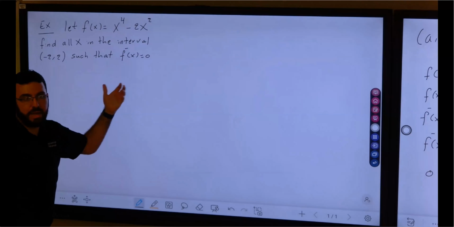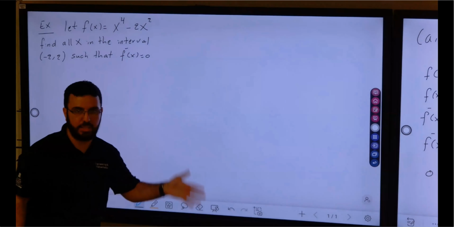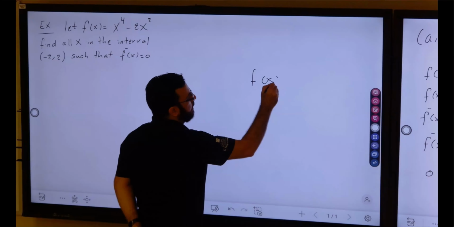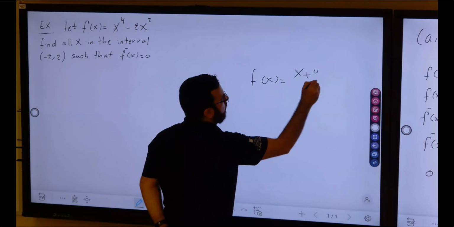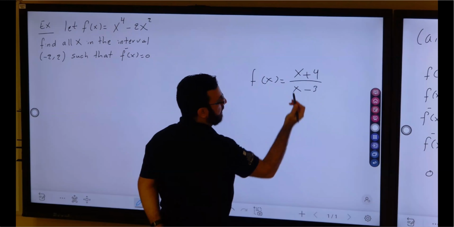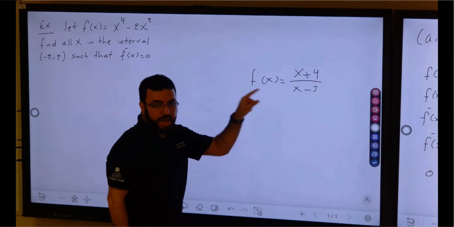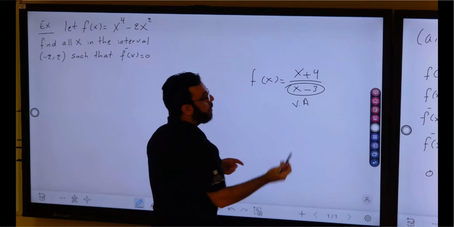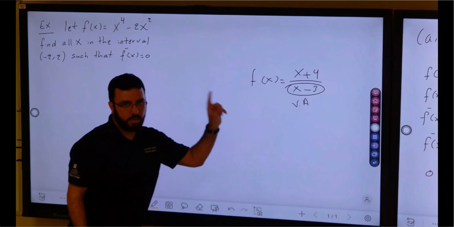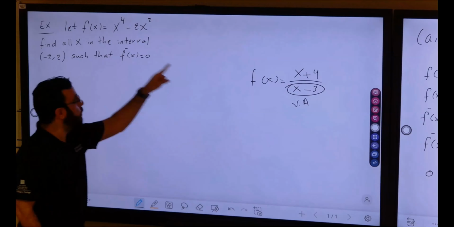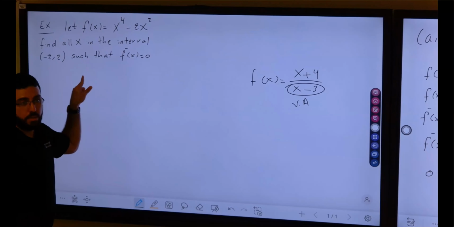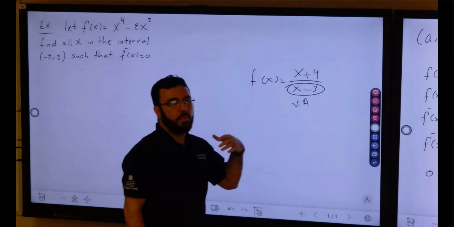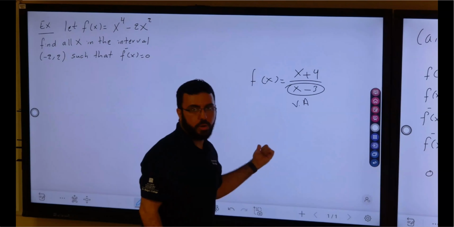When we have a rational function like x plus 4 over x minus 3, we have a vertical asymptote here. So when we have an asymptote, we check whether the asymptote is between the interval A and B. If yes, that means F is not continuous. That's why I can't use Rolle's theorem.